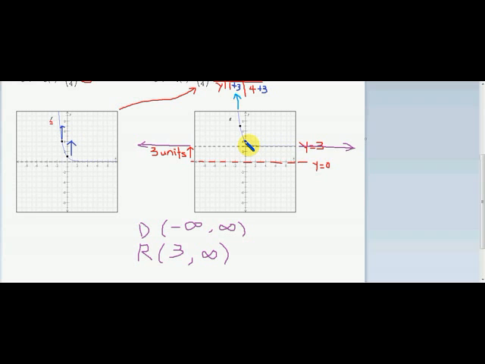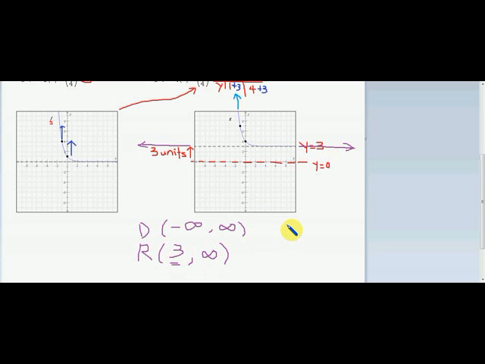Your y can be something like 3.00001 or even 3.0000001, right? It can be very, very close to 3, but not 3. Okay, so this is your lower boundary, which is basically your asymptote, and this is your upper boundary for your range.